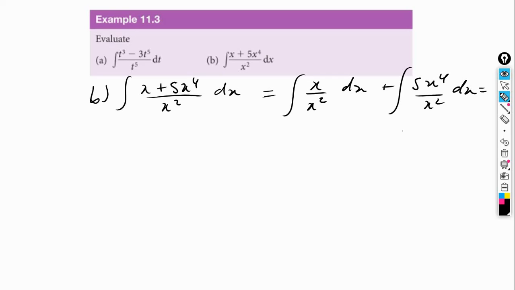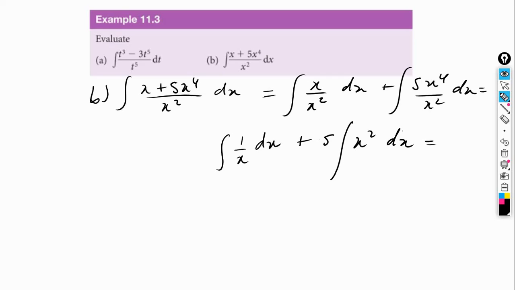And then from here, we're going to get that this is equal to the integral of 1 over x dx plus 5, because it's a constant, so we can pass it through the integral symbol. So 5 times the integral of x squared dx.